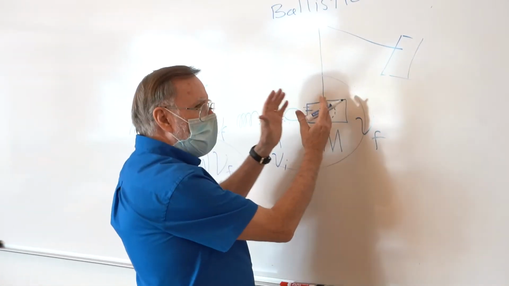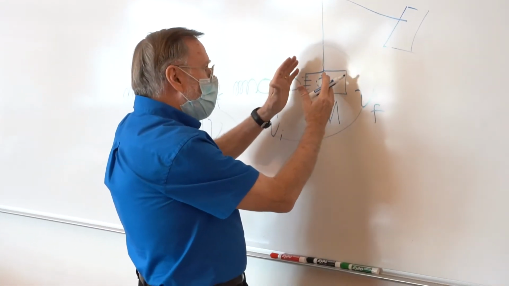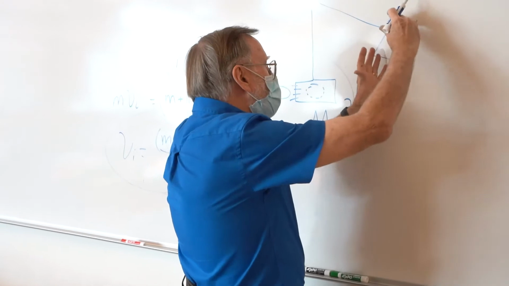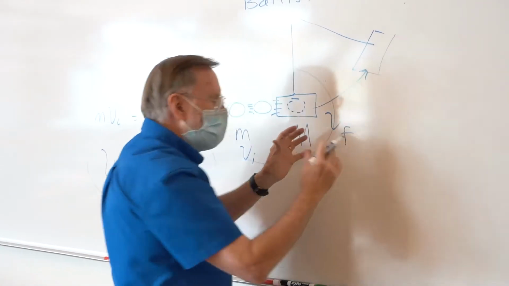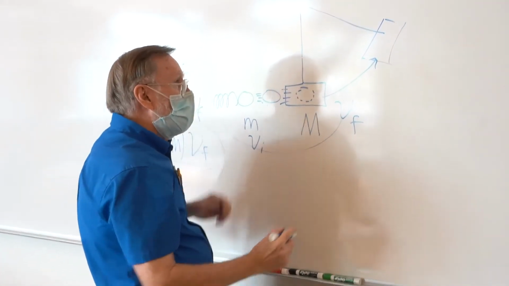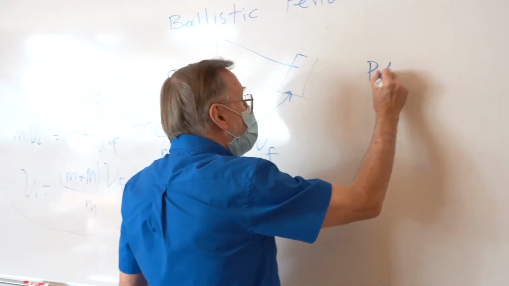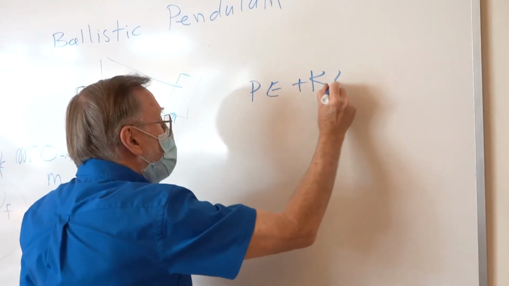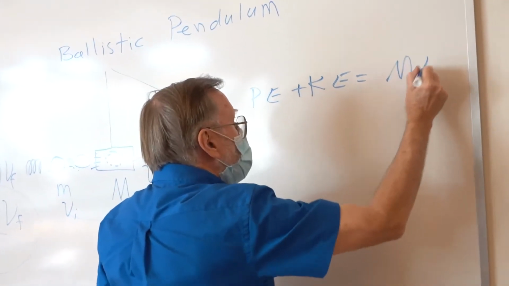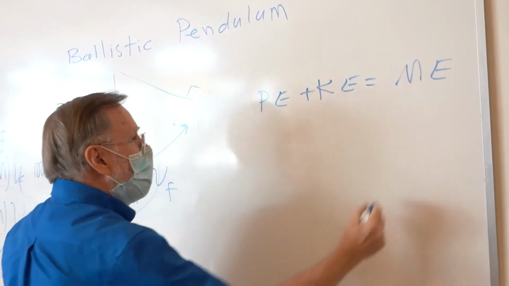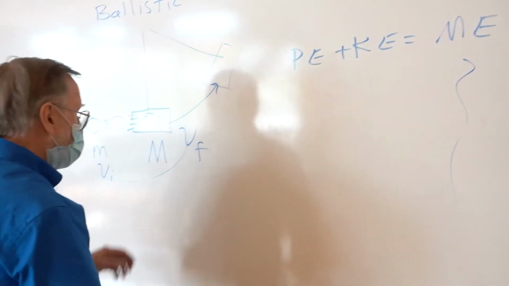We know that when gravity is the only force acting, then as an object swings up, mechanical energy is conserved, which is to say that the potential energy plus the kinetic energy equals the total mechanical energy of the system. That's conserved.